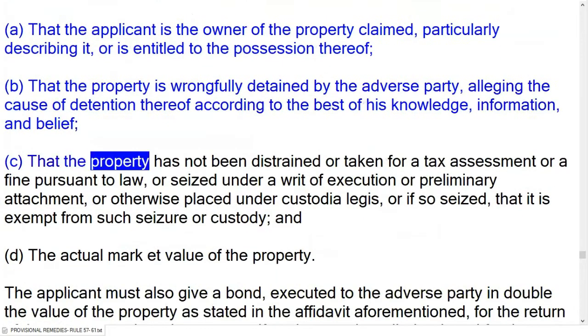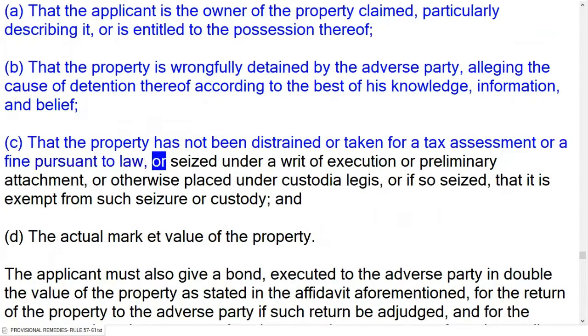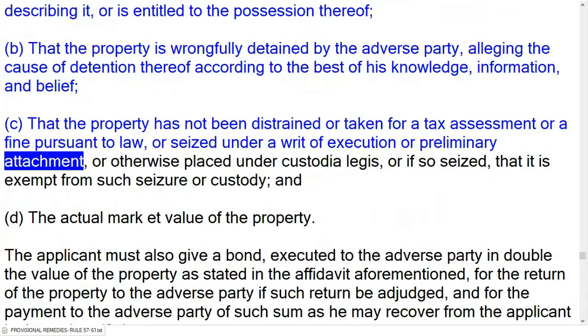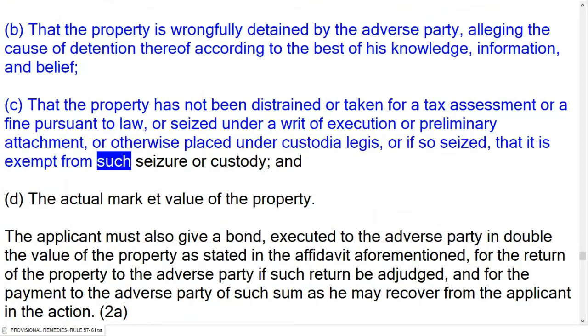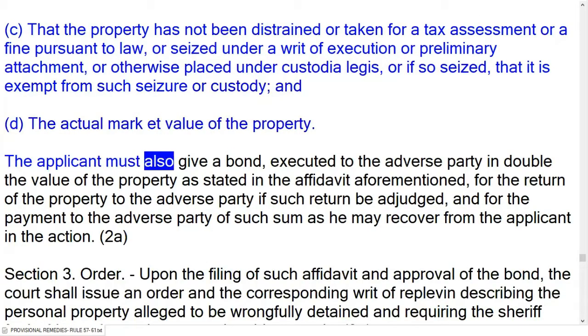C. That the property has not been distrained or taken for a tax assessment or a fine pursuant to law, or seized under a writ of execution or a preliminary attachment, or otherwise placed under custodia legis, or if so seized, that it is exempt from such seizure or custody. And D. The actual market value of the property. The applicant must also give a bond.